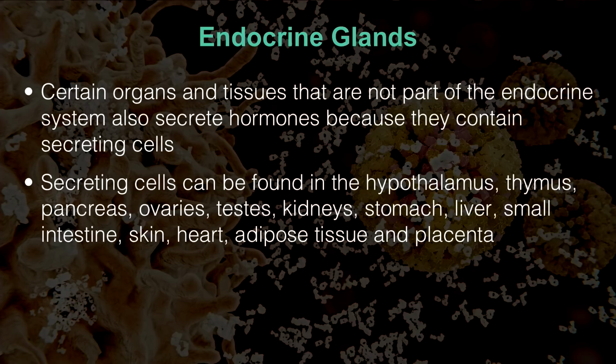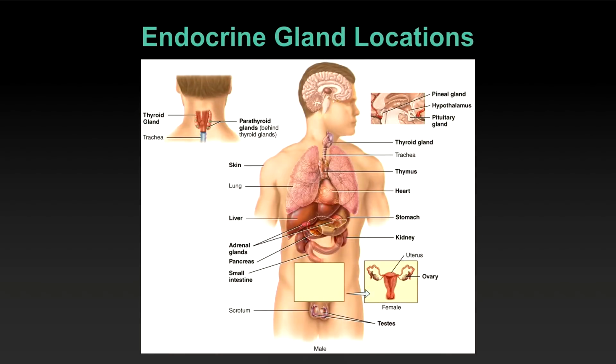So this is a complicated system with many layers of control that will allow you to understand perhaps how the response can be graded or intensified or finely tuned. And we can see a rough schematic of the main secretory tissues in the body.